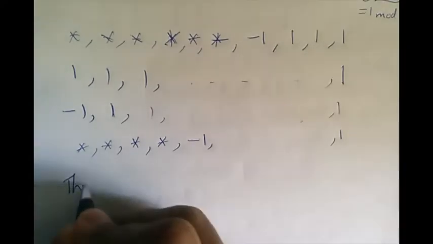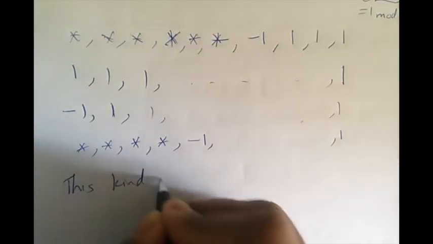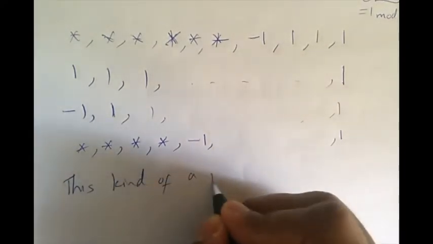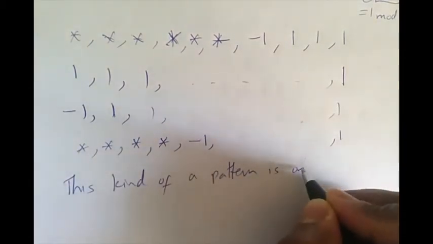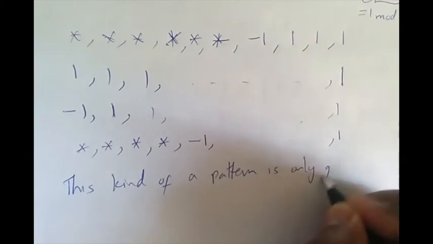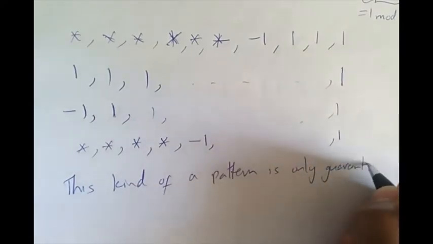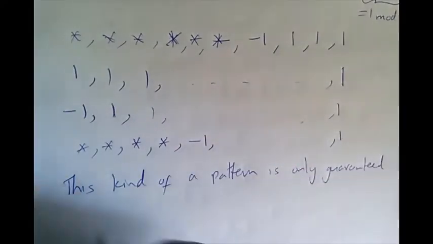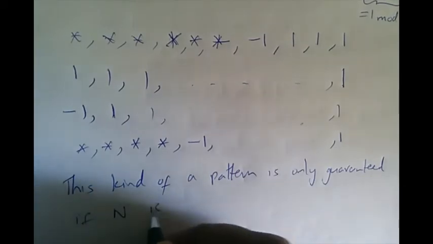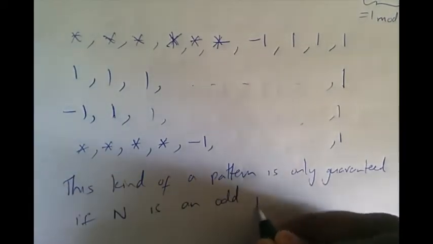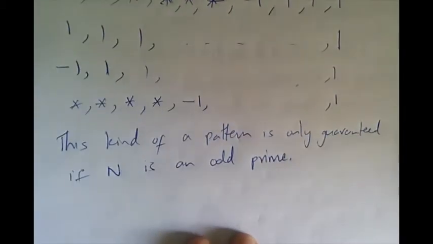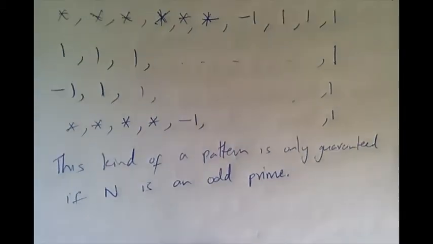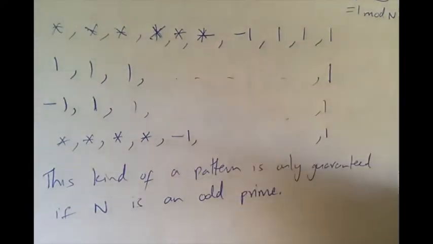This kind of pattern holds if n is an odd prime. If there is a deviation from this pattern, then we know that n is composite.